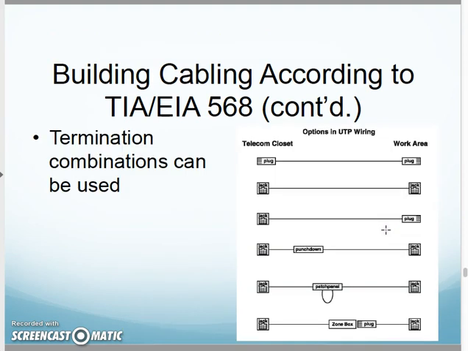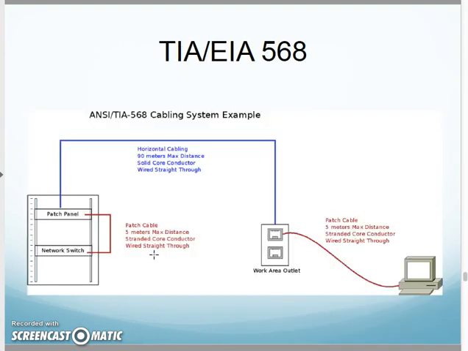They remind us in here that terminations can be done in all kinds of combinations. I'm going to remind you that more times than not, we're shooting for the standard install, patch panel out to outlet. We will talk later about MUTOA, multi-user telecommunications outlet assembly. The standard actually gives us guidelines on how to do that.